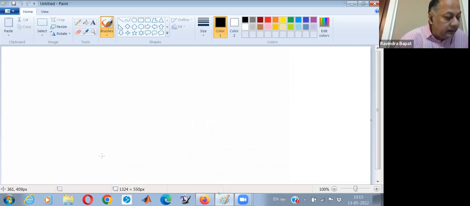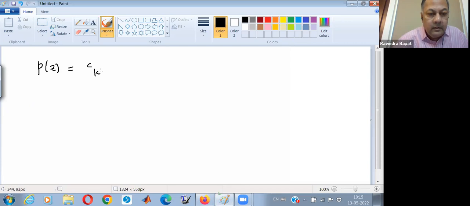So I can factor it as some constant times (z minus lambda 1) and so on. These are the roots.